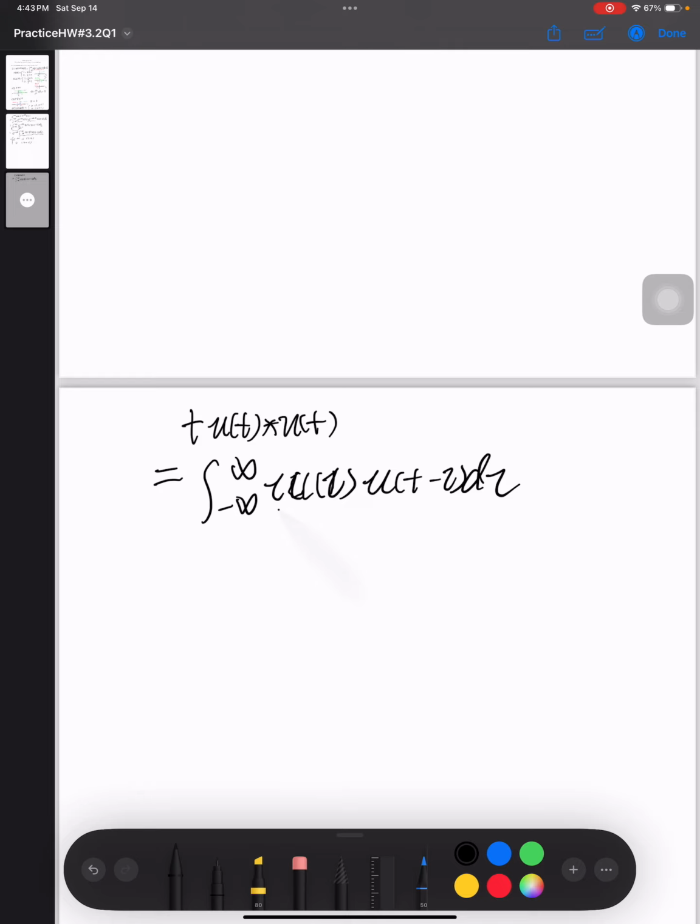Since this tau does not influence the later part, if u(tau) times u(t minus tau) equals 1, it's just tau itself.